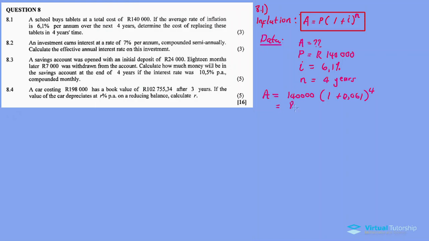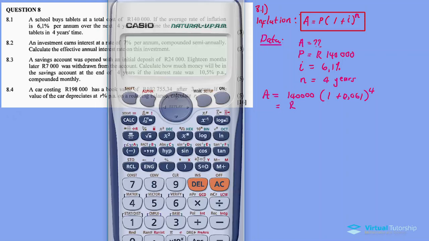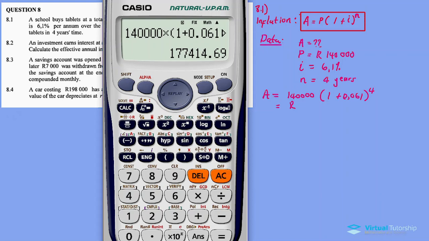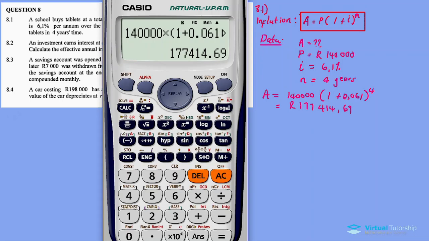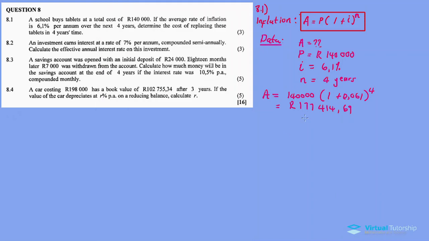So it's 177,414 rand 69 cents. Yes, 69 cents. So this is our answer for 8.1.